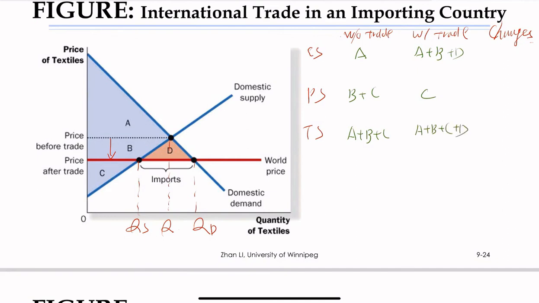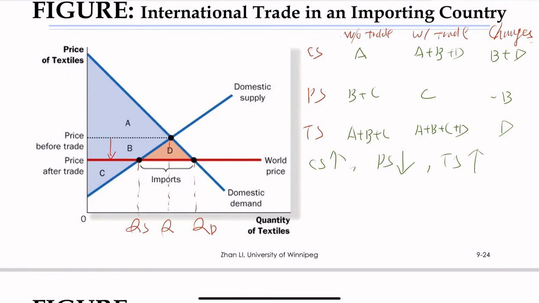Now what about the changes? You can see that the consumer surplus will change by B plus D, and producer surplus would be decreased by B. So the total change would be an increase, which is measured by D, right? So what can you see here? Essentially, consumer surplus will increase and producer surplus will decrease and total surplus will increase, right?